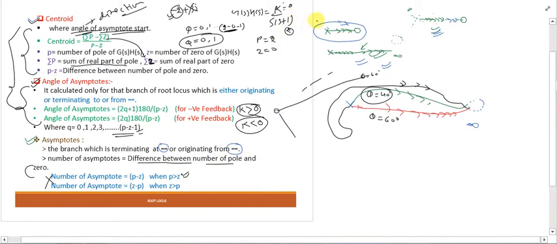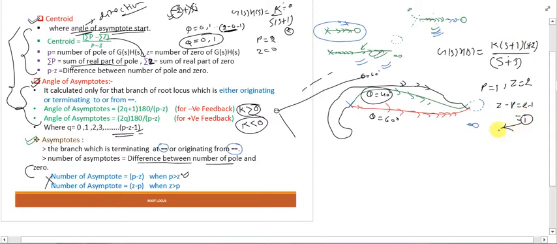For some function like k(s plus 1)(s plus 2) divided by (s plus 3), the number of poles is 1 and the number of zeros is 2. Obviously z is greater than p, so 2 minus 1 means 1. There is one asymptote, which means one branch goes to infinity. Clear? So just remember this line only: the number of asymptotes is the difference between the number of poles and zeros.